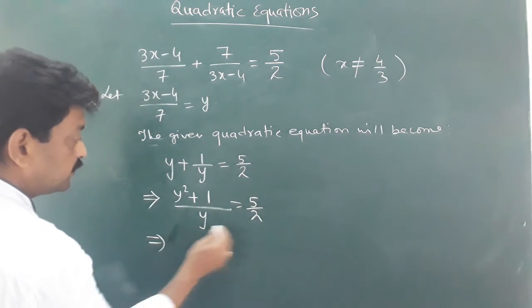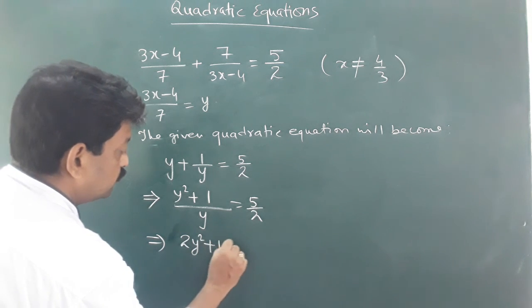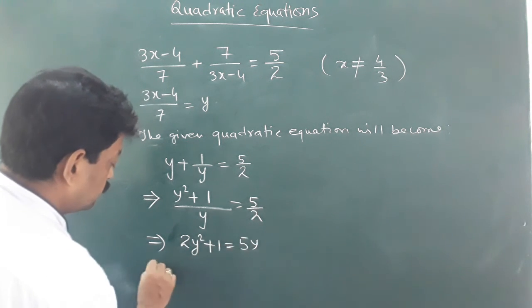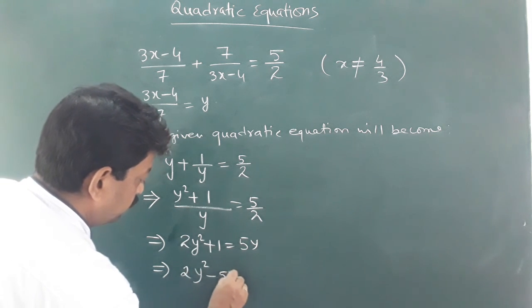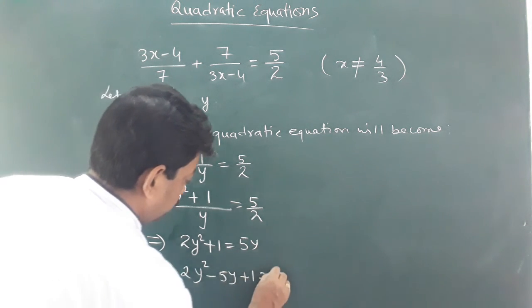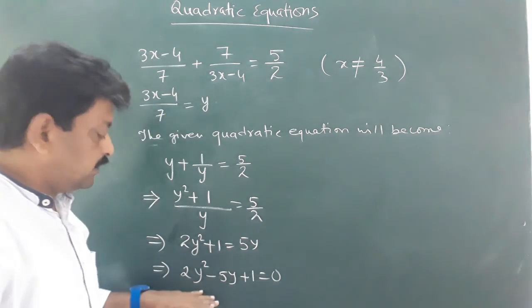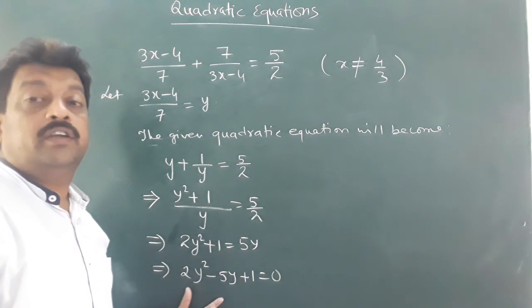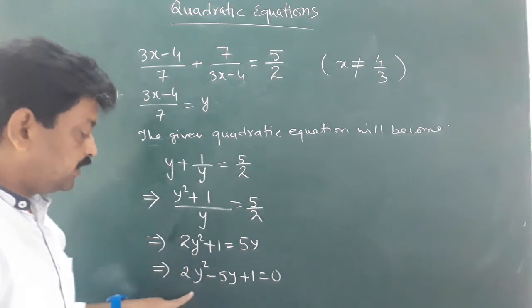Now cross multiplication: 2y square plus 2 equals 5y, or we can say 2y square minus 5y plus 2 equals 0. As you can see, the given equation has become a quadratic equation in y. Understood? This is a quadratic equation in y.